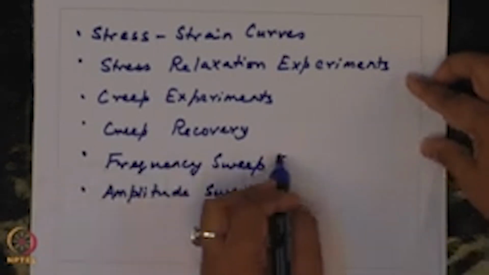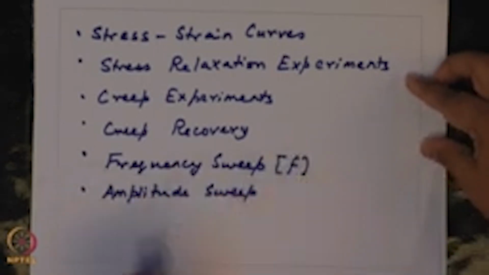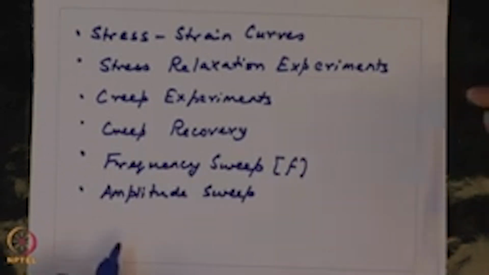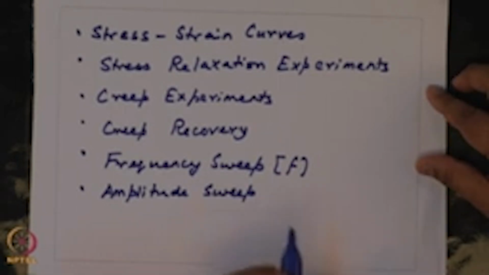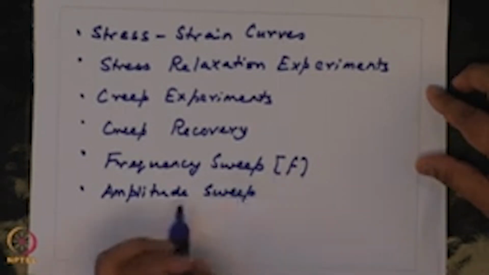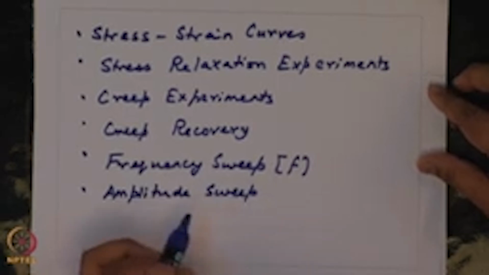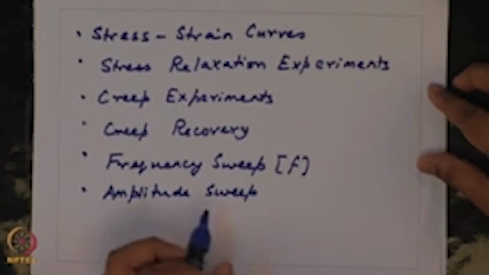In frequency sweep, your frequency changes while you track G prime and G double prime. You can do the same thing in an amplitude sweep, where you keep the frequency constant and you monitor G prime and G double prime as a function of the amount of strain that you impose.